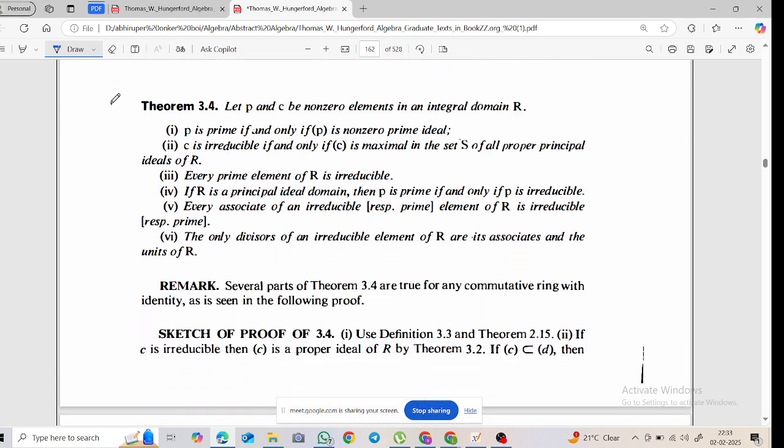But this is very important. So is every prime element irreducible? P is prime if and only if P is a non-zero prime ideal.